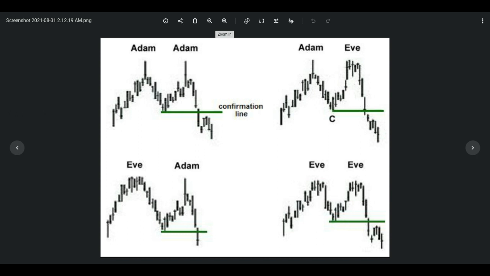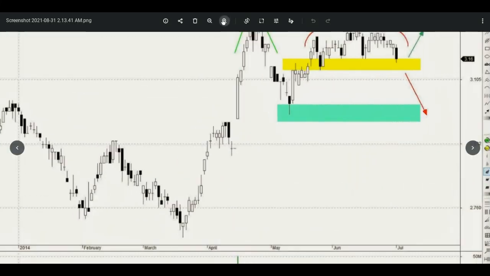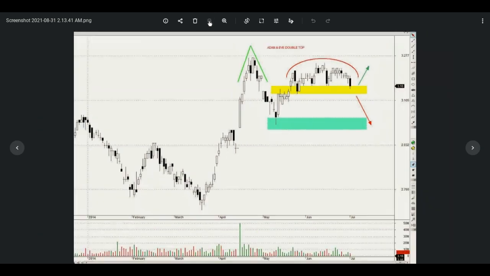Now the next pattern is pattern number 14, and it's a double top, Eve and Eve. So we are about to look over this one. And what you're looking at here is again, Adam and Eve double top.